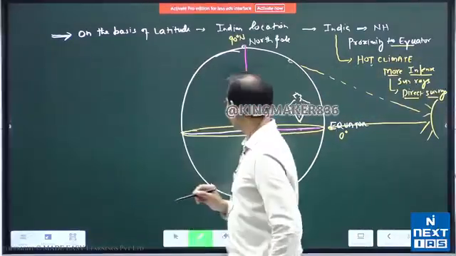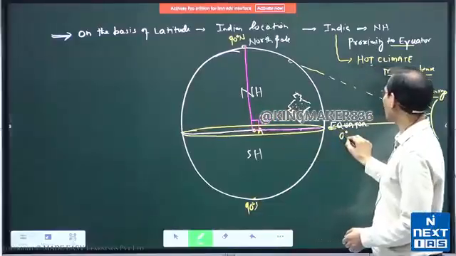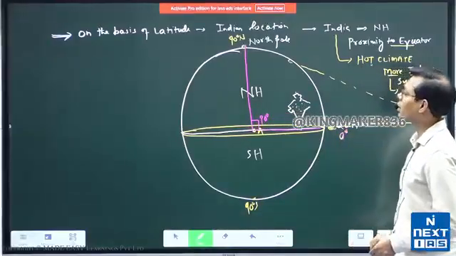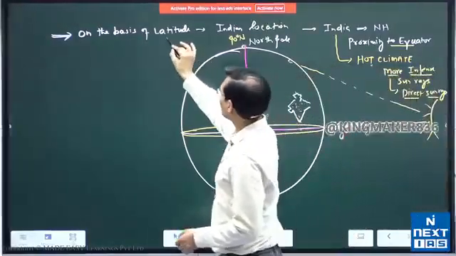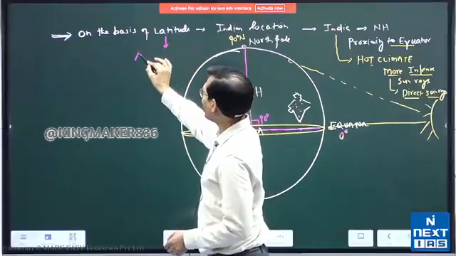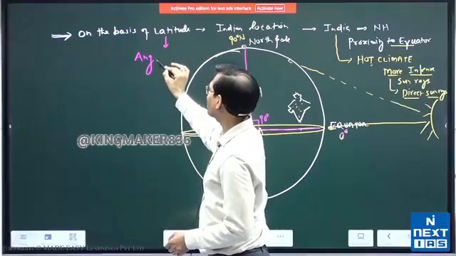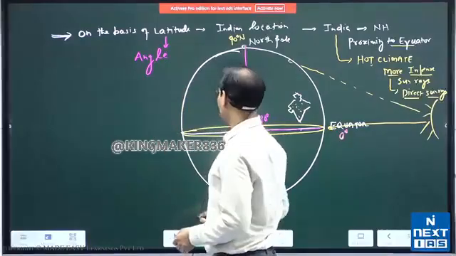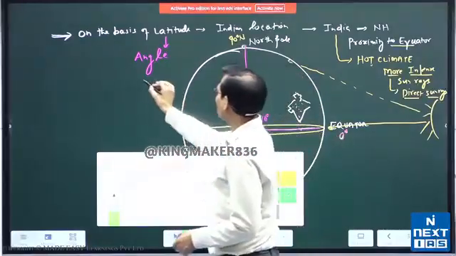And on the contrary, the equator angle is which angle? 0 degree. So latitude is what? Latitude is an angle, or you can say angular distance.